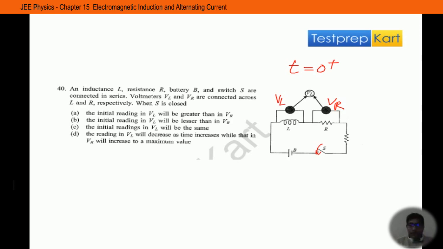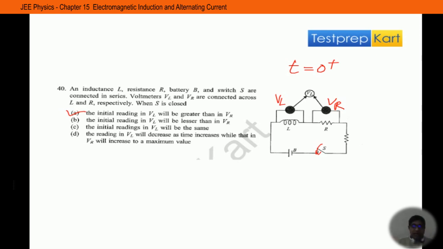So the first thing is, whenever you switch on, the inductor will not start charging, but it will acquire the maximum amount of voltage. So VL will be greater than VR. Option 1 is right.